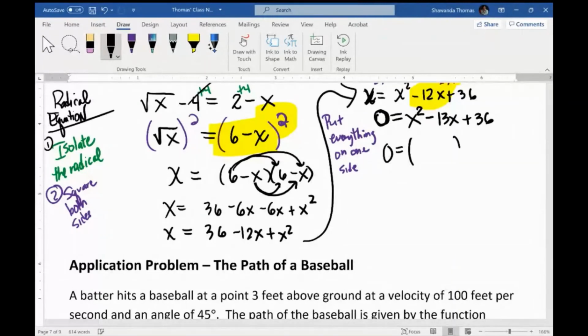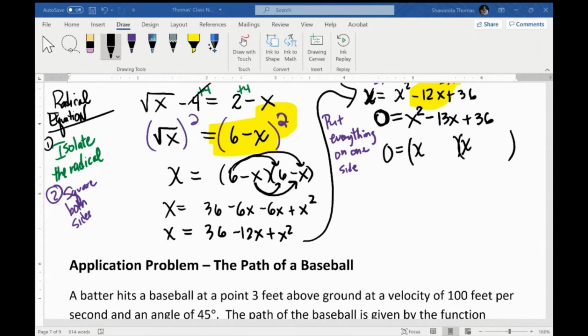Now, this is an easy case, so I already know it's going to be x times x. There's nothing to debate there. But I need factors of 36 that add to negative 13.